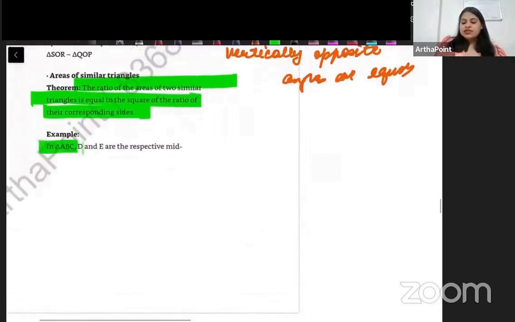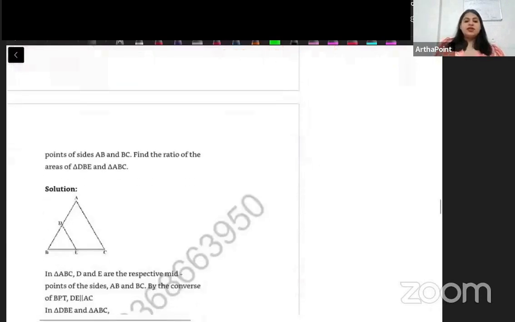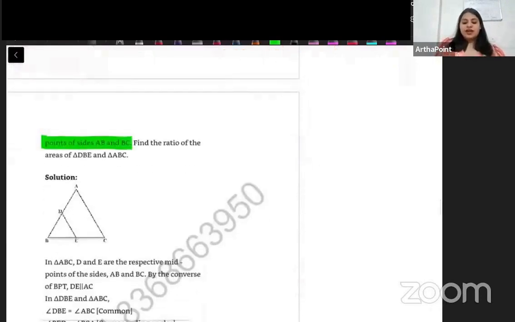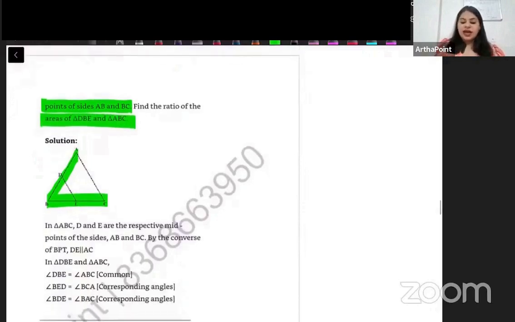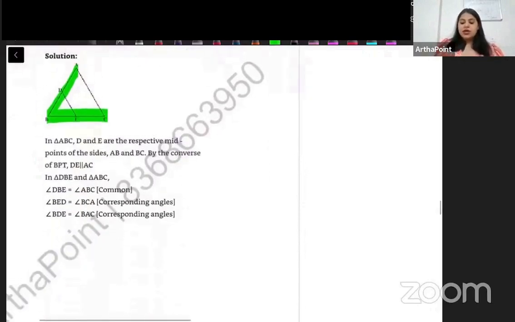In triangle ABC, D and E are respectively the midpoints of sides AB and BC. So I have AB and BC and their midpoints are given as D and E. It says find the ratio of triangle DBE and ABC.